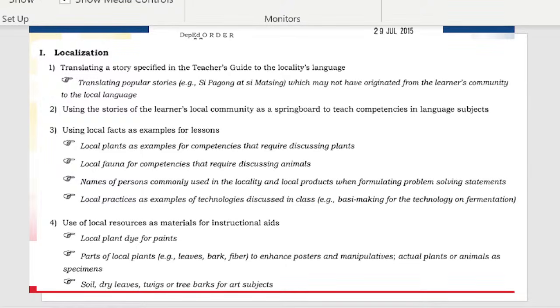Number 2, using the stories of the learner's local community as a springboard to teach competencies in the language subject. Use the stories, yung mga stories that are found in the local community. Biyag niya lamang.